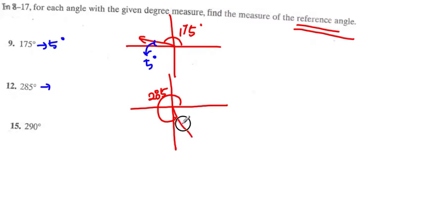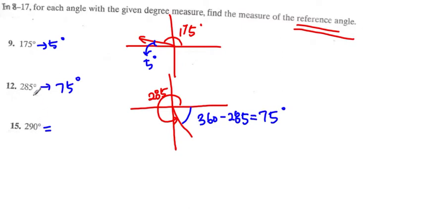Once again, the reference angle is angle with the x-axis. Since the entire circle would have been 360, and then we are going all the way up to 285, we end up getting 360 minus 285. Then we get to realize that this must be 75. So 75 degrees becomes our reference angle.